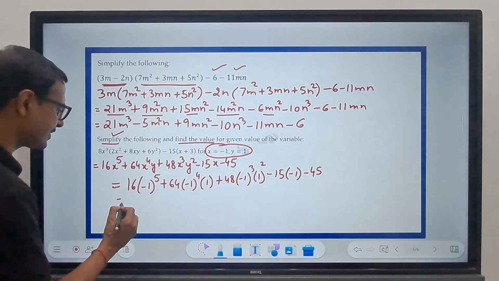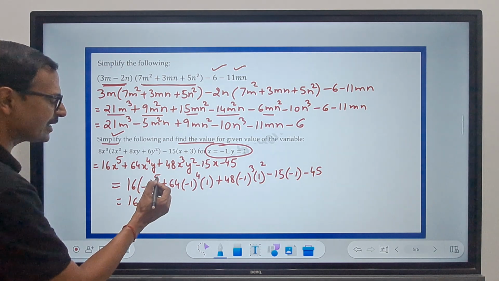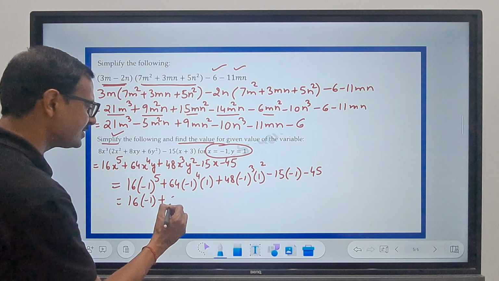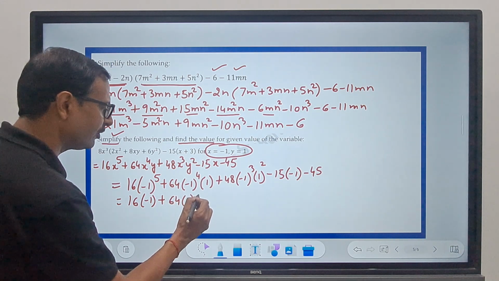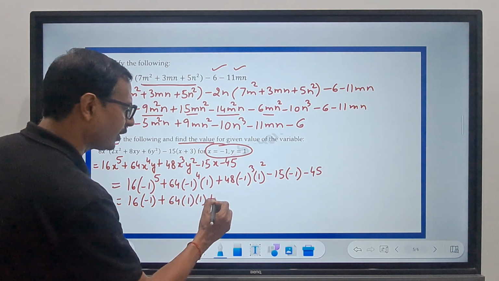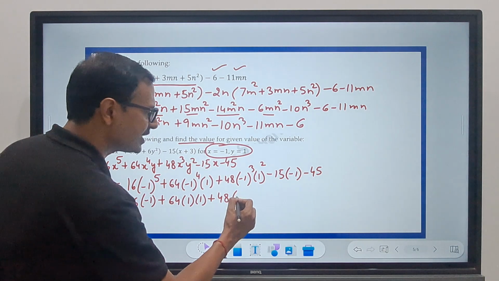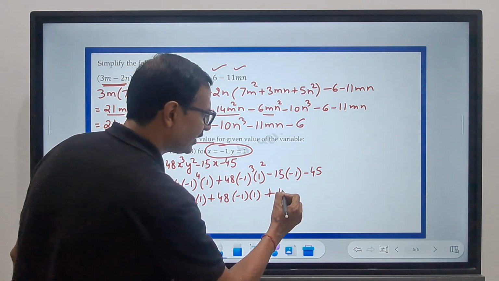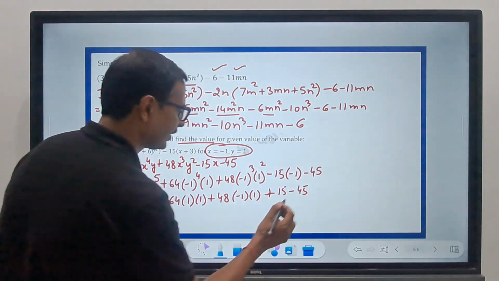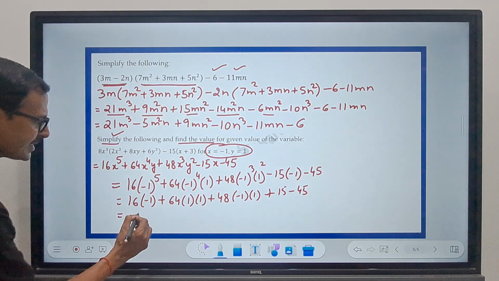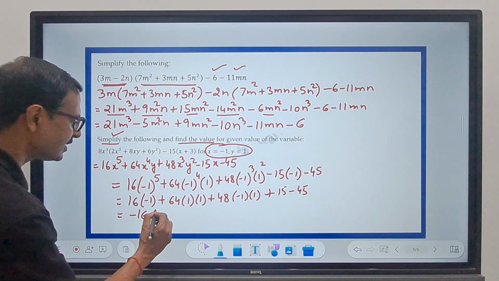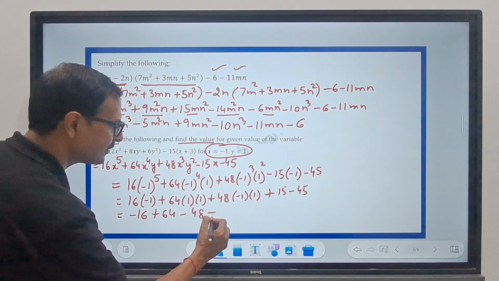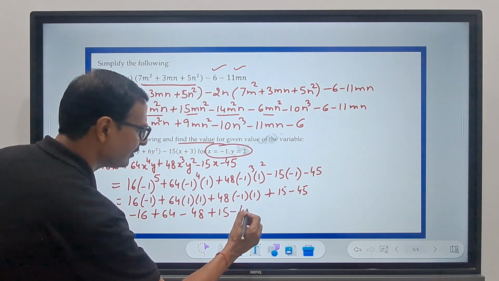Now remove the brackets. 16 times minus 1 raised to power 5, odd powers give minus 1 only. 64, 1, 1. 48, odd power minus 1, 1. Minus minus plus 15 and minus 45. Another time: minus 16 plus 64 minus 48 plus 15 minus 45.